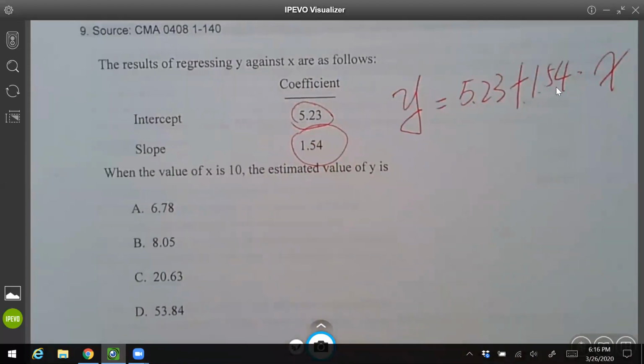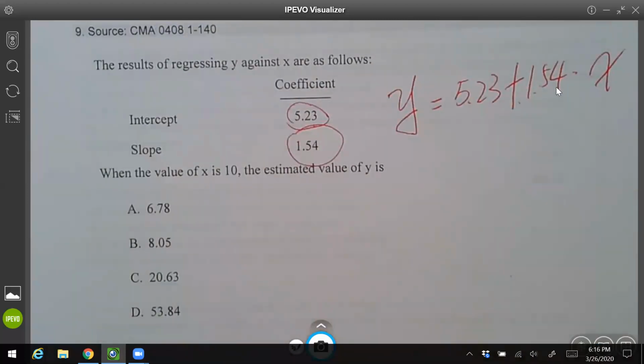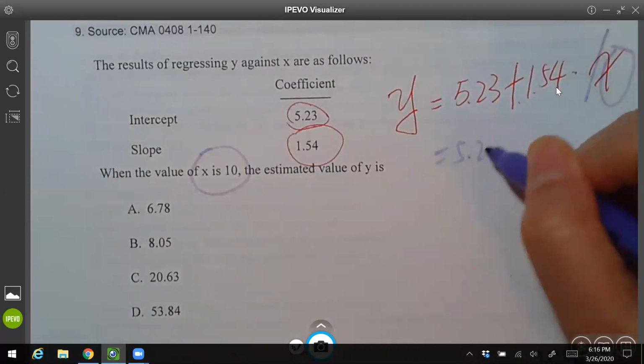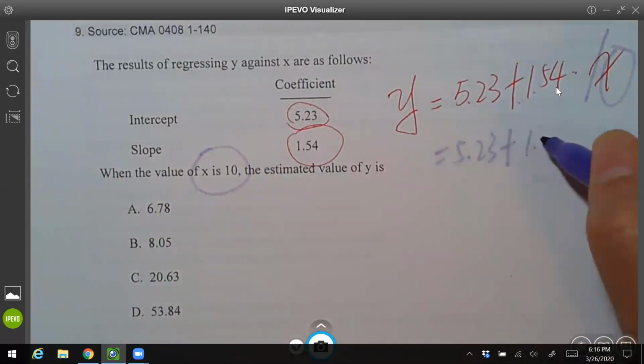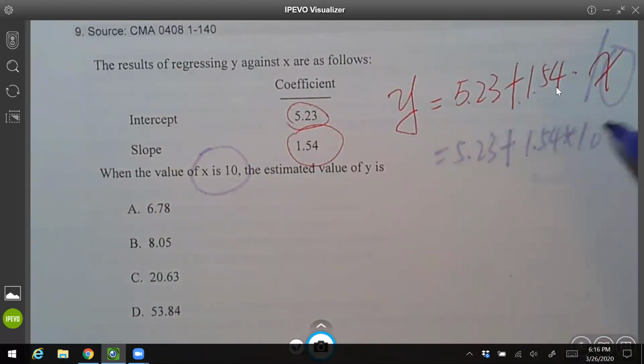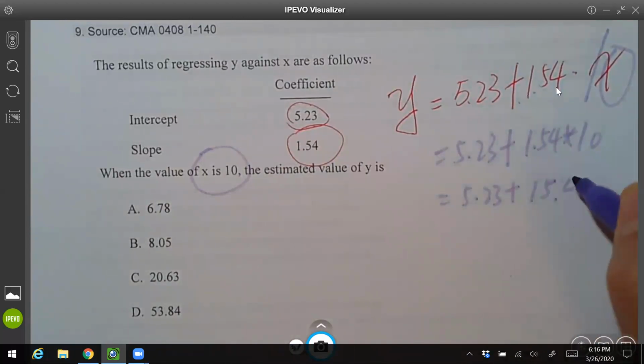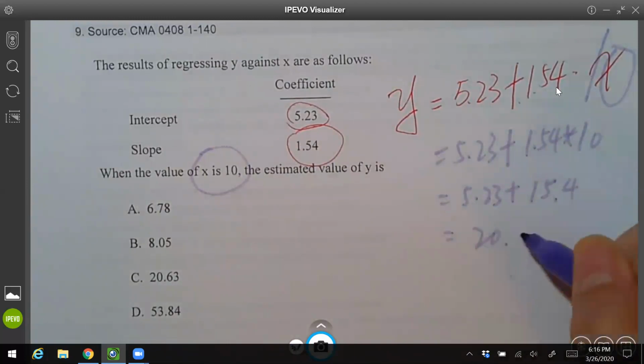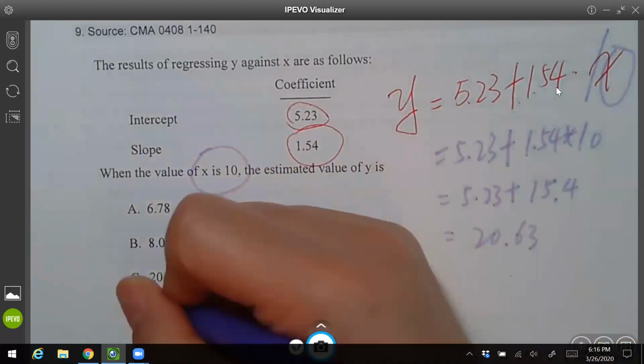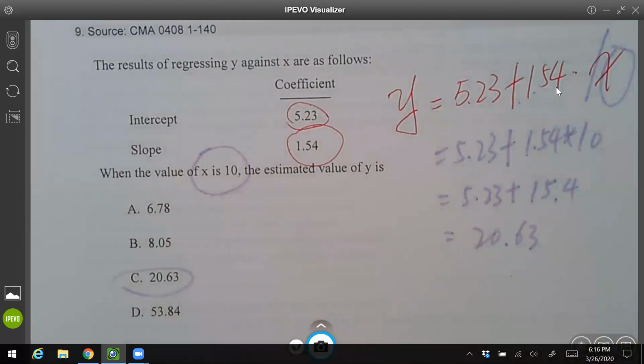The question told you very specifically that x will be 10. We replace x with the number 10. So it's 5.23 plus 1.54 times 10, which is 5.23 plus 15.4. That gives me 20.63. Am I right? Perfect.